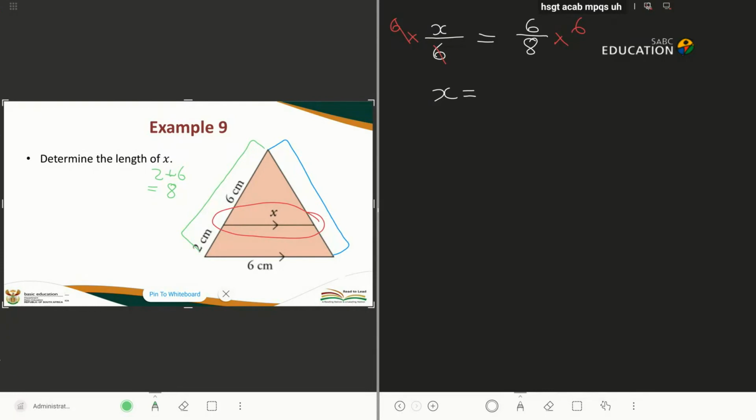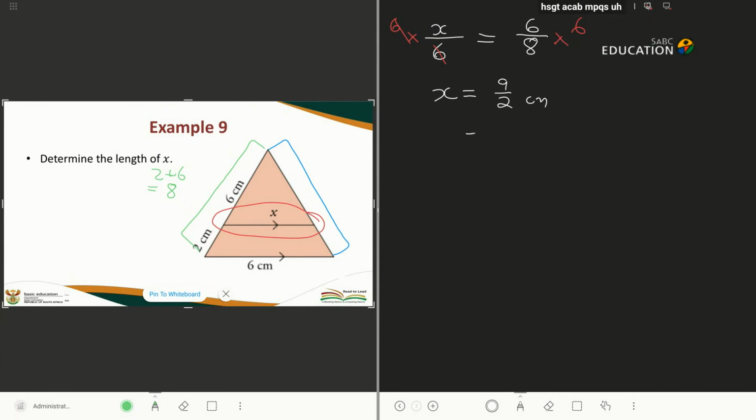So if I take my calculator, 6 times 6 divided by 8 will give me a value of 9/2. And then again, my advice is to leave it as 9/2 centimeters. But now you can argue and say, but if you measure something, we don't say it's 9/2.